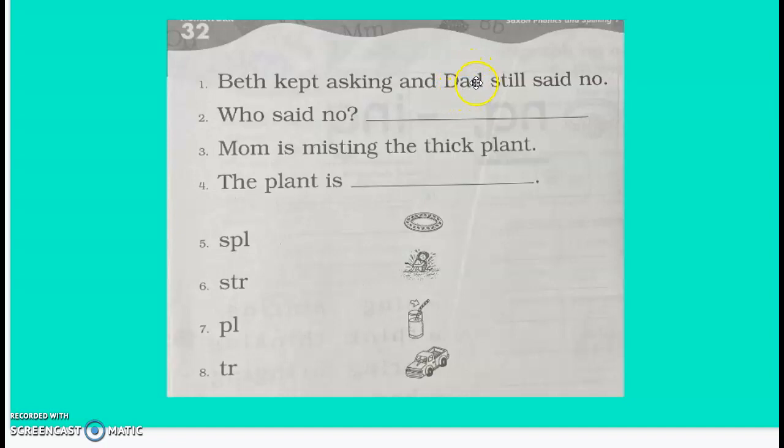Dad said no. The spelling's right here if you need it. Number 3. Mom is misting the thick plant. The plant is... Read it with me. Mom is misting the thick plant. The plant is... Right. Thick. Here's the spelling right here. Thick.